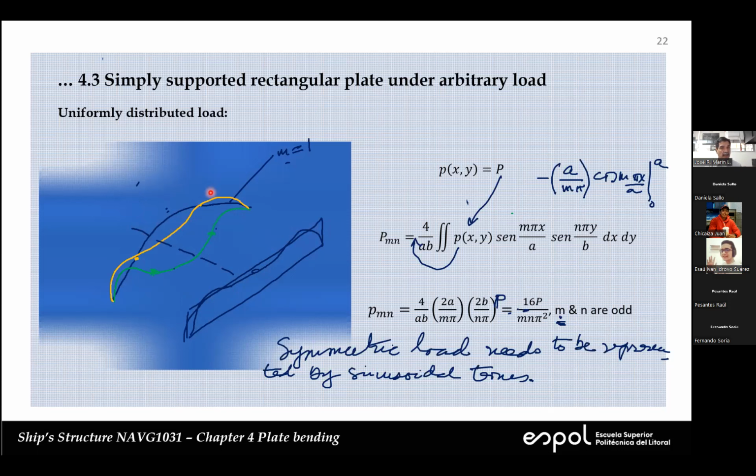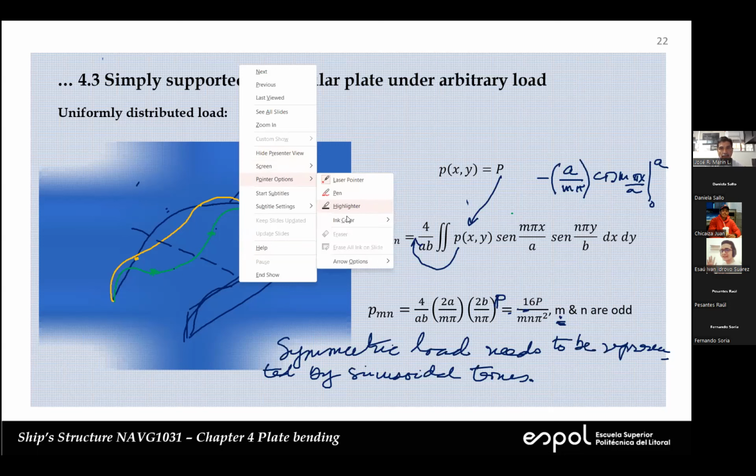So for m equal to 1, it's a symmetric function. A symmetric function has to be employed to express a symmetric function, which is p equal constant. And that's why we cannot use any even function.